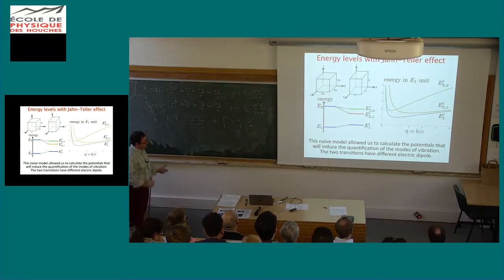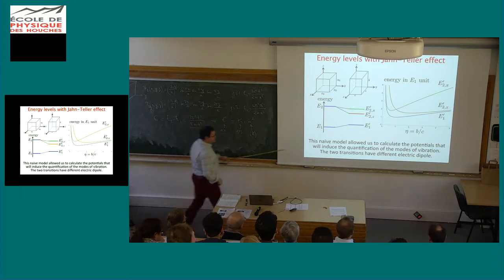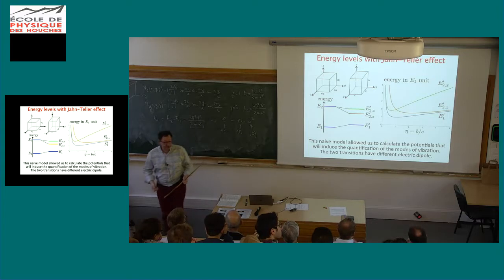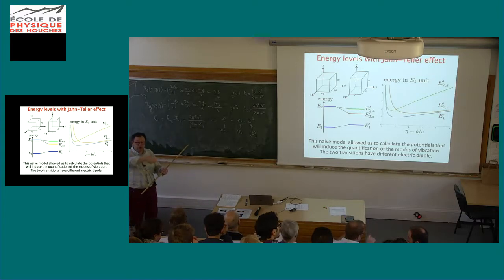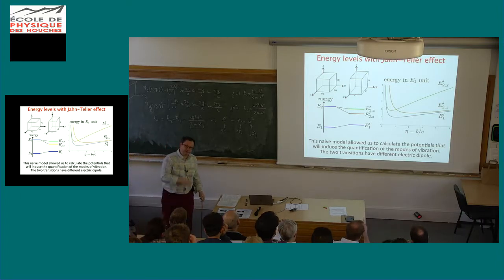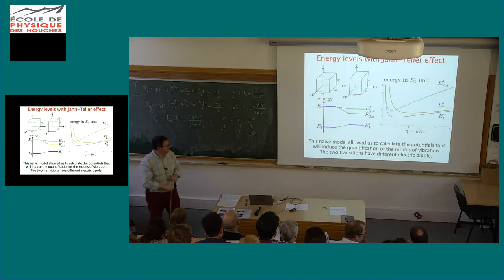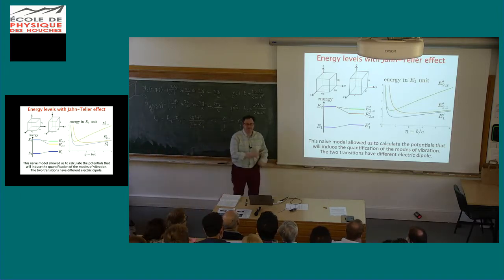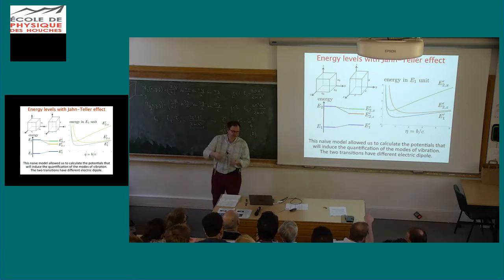If you look at those curves, these curves are exactly the ones that you calculate in molecular physics when you want to measure the potential of the electron inside the molecules. And this naive model somehow allowed me to calculate the potential that will then induce the quantization of the mode of vibration of the crystals.